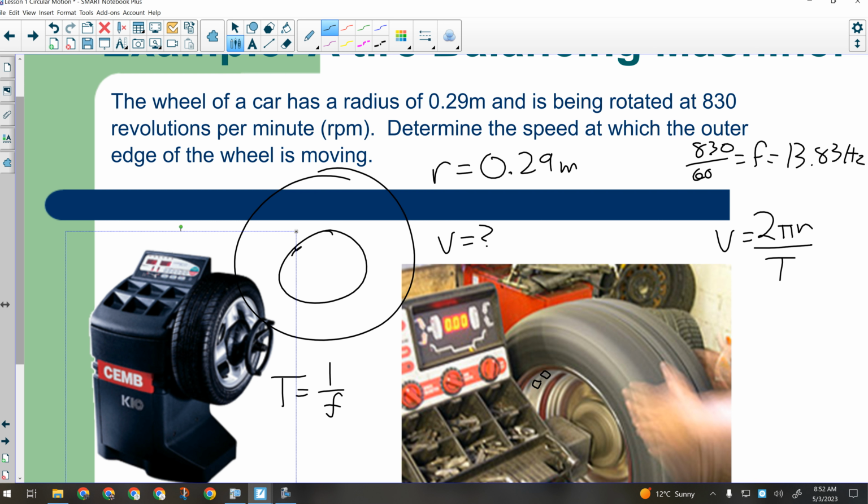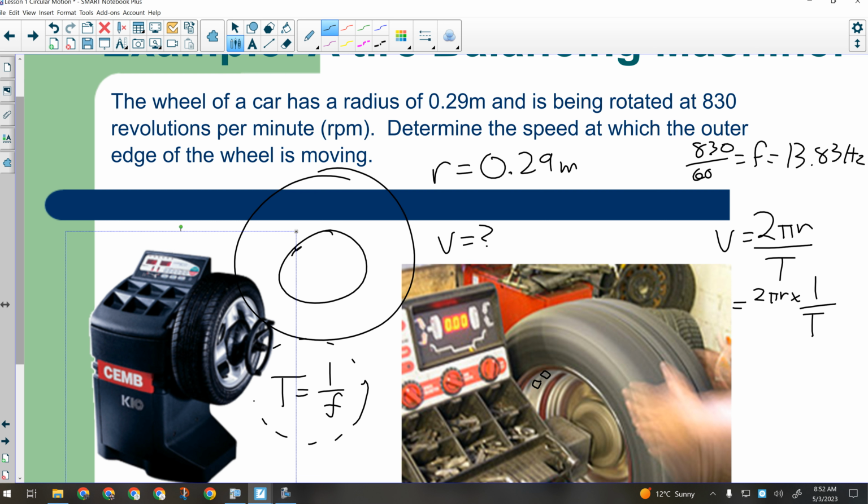So I have f and I have r. Can I plug f into that formula? I can actually, and it's because of this relationship. Period and frequency are the inverse of each other. Right now, this formula is really saying 2 times pi times r times 1 over t.